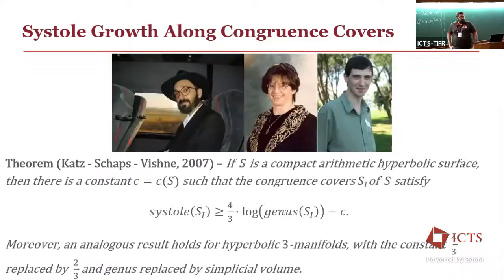Okay, in 2007, Misha Katz, Mary Schaps, and Uzi Vishne proved that if S is any compact arithmetic hyperbolic surface, then there's some constant depending only on the surface, such that congruence covers satisfy the same systole inequality. And moreover, they prove an analogous result for 3-manifolds with a constant of 2/3.